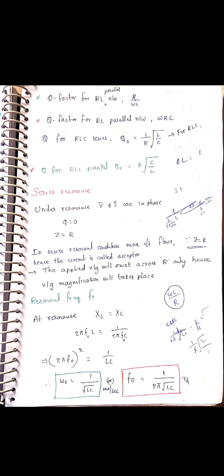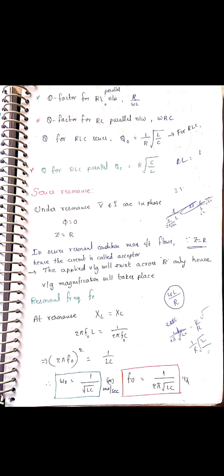In that condition, we call the network an acceptor. It means we accept that network as having fewer losses. Next, the voltage will exist across only the resistor. With that we can say voltage magnification will take place in the series resonance condition.